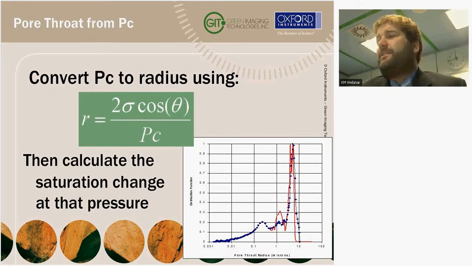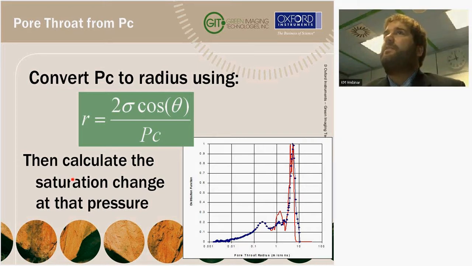The last thing I'll leave you with is that there's some extra information we can use, and it's a little bit unique to our technique. If we do a capillary pressure curve and we have lots of points on it, we can run the mercury equations backwards. So what do I mean by that? Well, at each pressure point, we can convert to a radius.